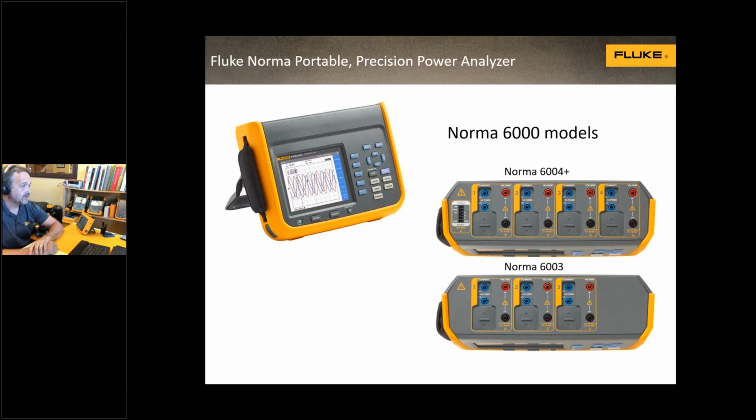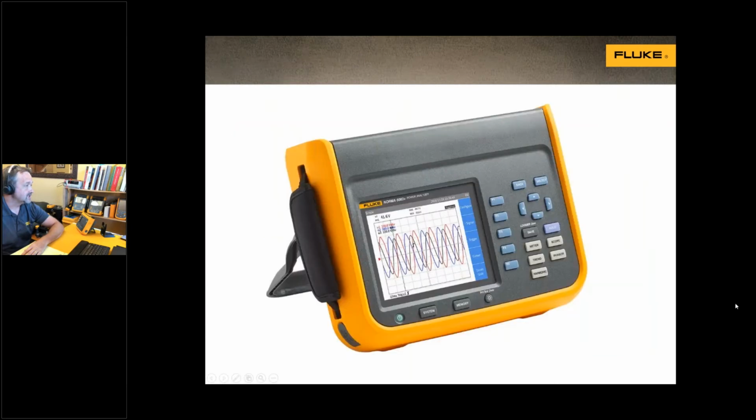The 4 designates the number of channels, so you have an additional channel, and then off to the side you have a torque and speed sensor input on the 6004 and 6003 plus versions. The plus models will have a torque and speed sensor input. We'll go over that in some detail.